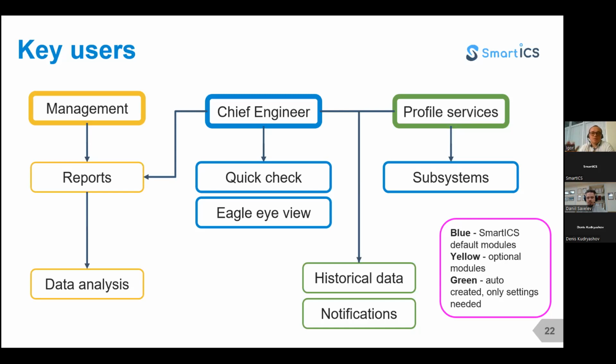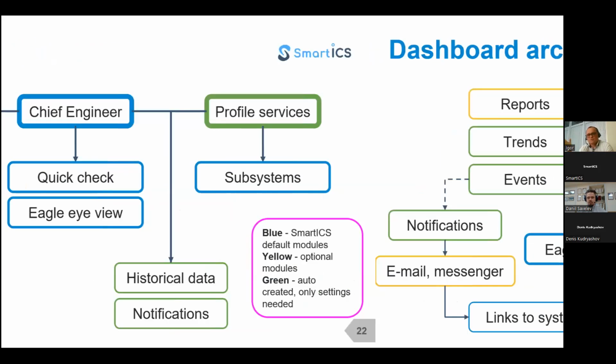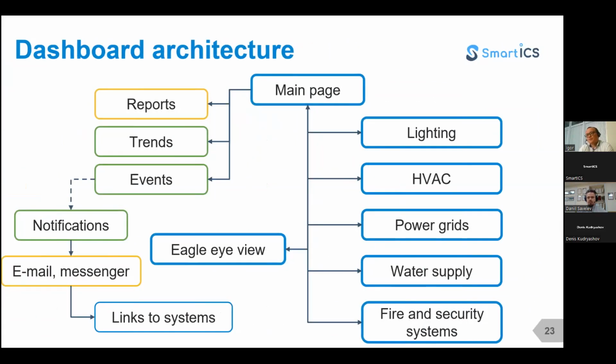But of course we have the historical data, the notifications, and these are done automatically, right? These are created, only some settings are needed. And once we identify the key users, right, the number of dispatchers, for example, the number of standard users, we can move on to the dashboards, right?